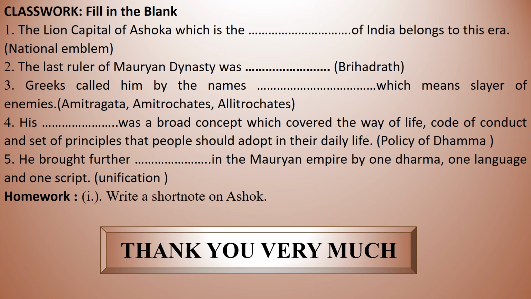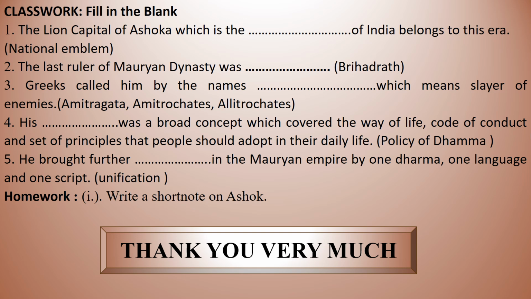Fourth one is, his dash was a broad concept which covered the ways of life, code of conduct, and set of principles that people should adopt in their daily life. The answer of which is policy of Dhamma. The next one is, he brought further dash in the Mauryan Empire by one dharma, one language, and one script. The answer of which is unification.